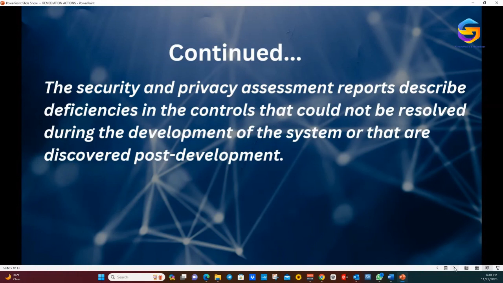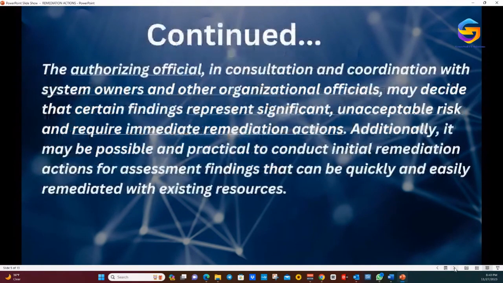The Security and Privacy Assessment Report describes deficiencies in the controls that could not be resolved during the development of the system or that are discovered post-development.